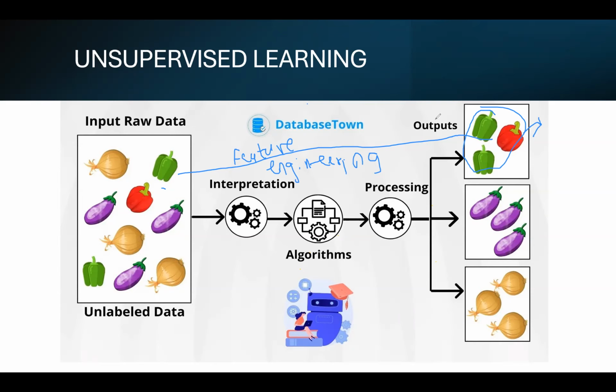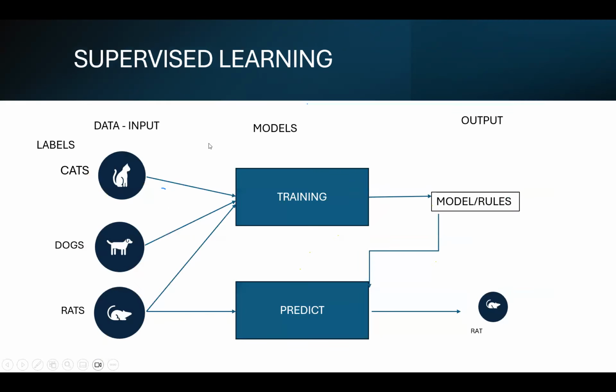Yes. So like what we said, there are some problems that can be modeled as supervised or unsupervised learning. Even the example we used here for the animals, these cats and all.